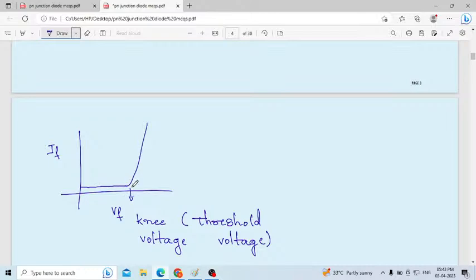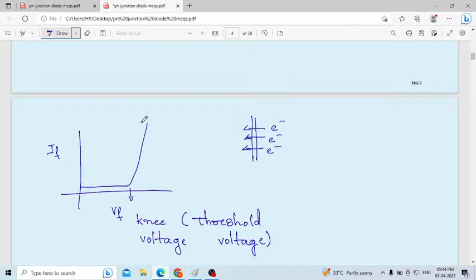In that case, when the depletion region becomes very thin, the electrons can pass through this region very easily. Because of this reason, the variation in the voltage increases. Suddenly you can observe a sudden increase in the voltage.